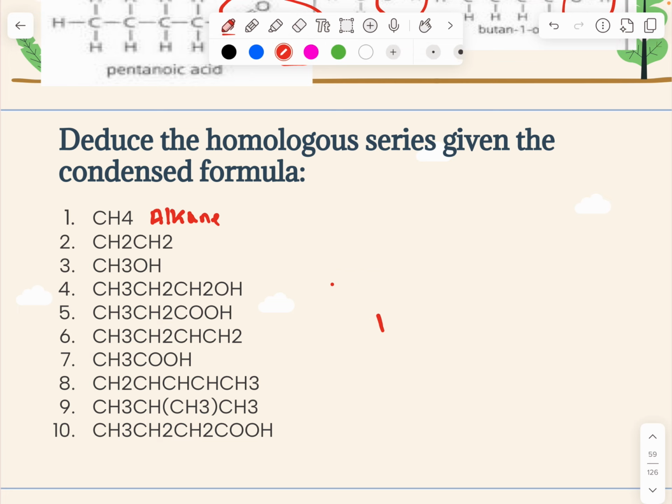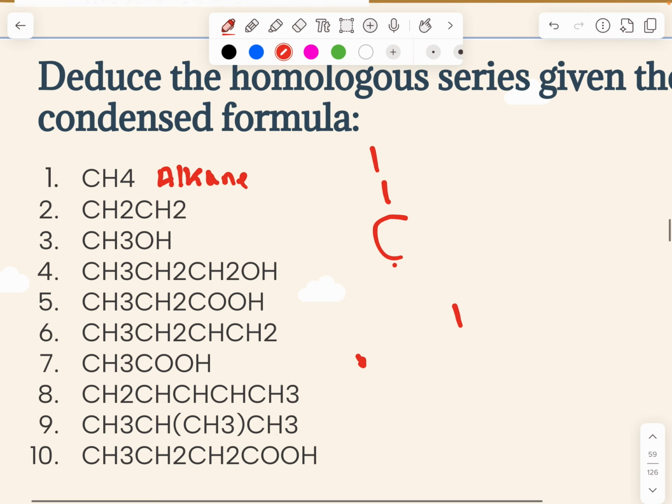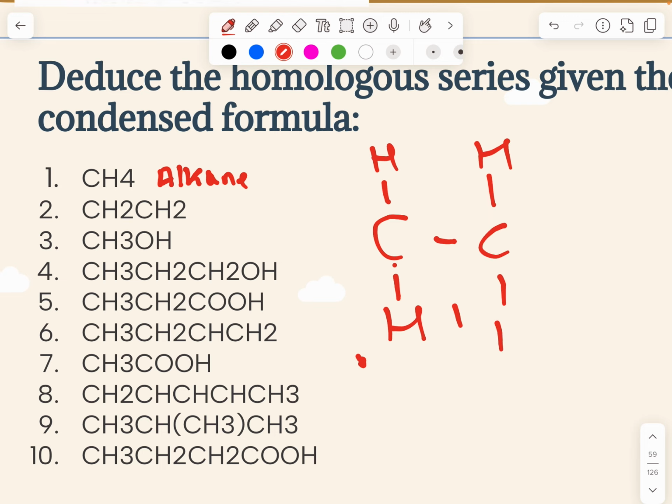Let us look at number 2. Number 2, let us draw it out. It's CH2. First carbon has 2 hydrogens. Second carbon has 2 hydrogens. Right? We cannot add any more atoms around the carbons, but we do need to check to see if we have the correct amount of bonds around each carbon. Right?